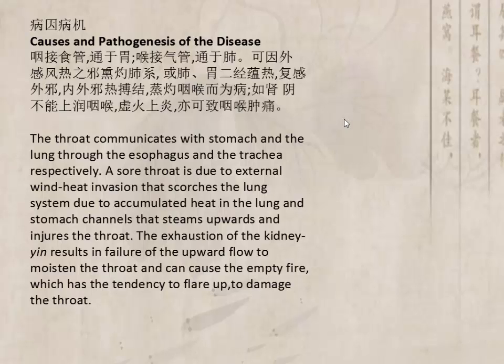Renmai. Gallbladder is much more posterior, usually not associated with sore throat. Small intestine is also more posterior, it's the Taiyang region, so not usually associated with it. Gallbladder, urinary bladder, yeah. These are the other meridians that we should keep in our mind.